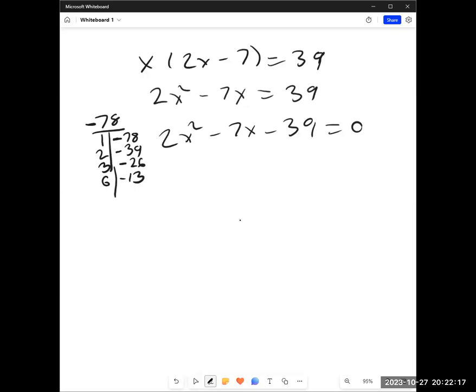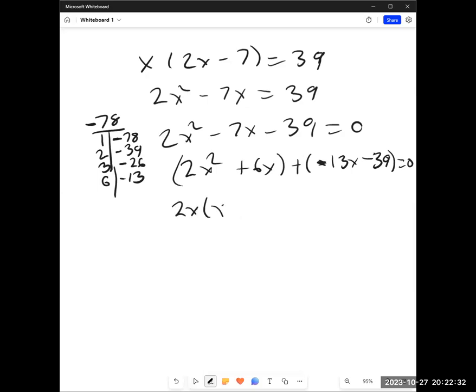That's it. So 2x squared plus 6x plus a negative 13x minus 39 equals 0.